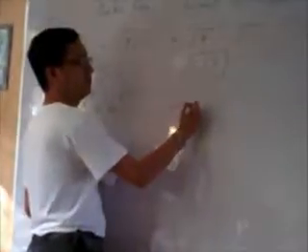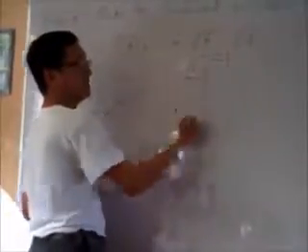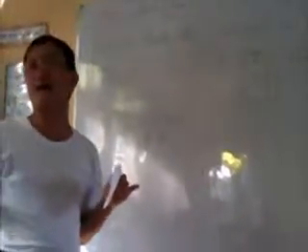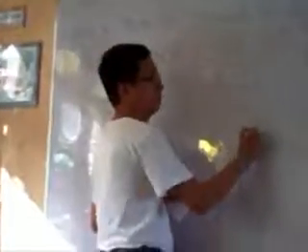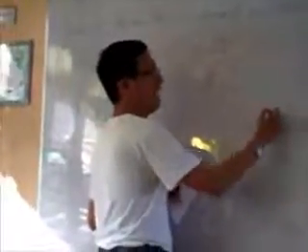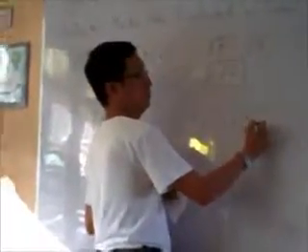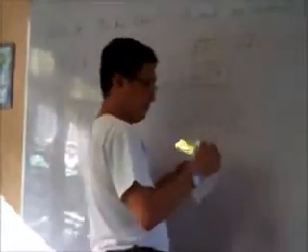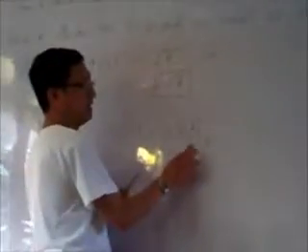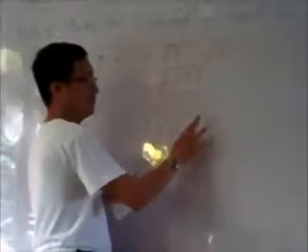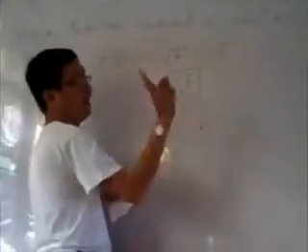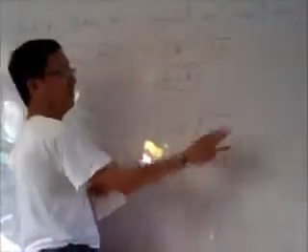For the x cubed, we can have x squared times x. For y to the 5th, we can have y to the 4th multiplied by y. Please allow me to use my finger.